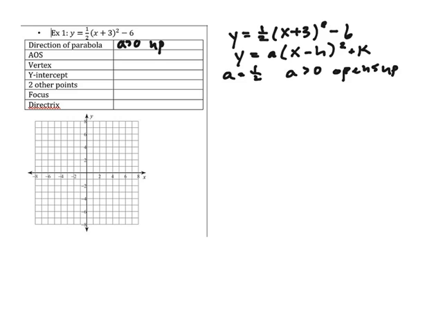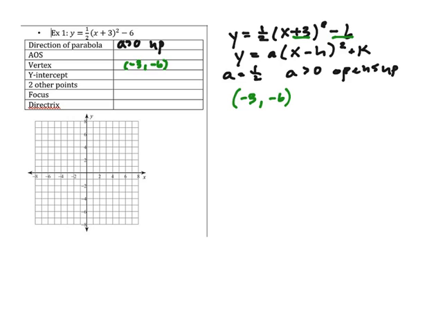Now, what's our vertex? Our vertex is made up of this 3 right here and this -6 right here. But when you take that 3 out, you have to flip the sign, so it becomes -3 and then -6. That's our vertex: -3, -6.